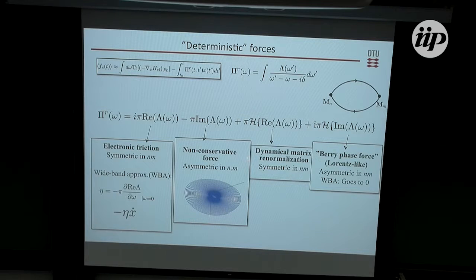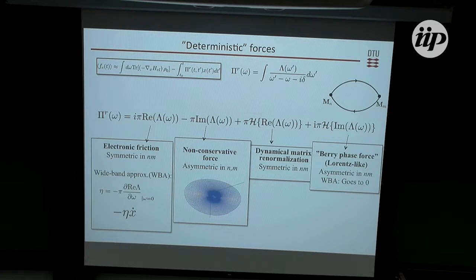And then you get a renormalization of the dynamical matrix because of the current-induced forces. And then you get a force which is a little bit exotic. We call it the Berry phase force. It's like a Lorentz force that will act on the atoms due to the current. And it basically will, like a Lorentz force, not give energy into the phonon modes, but it will change the way the phonon modes behave.